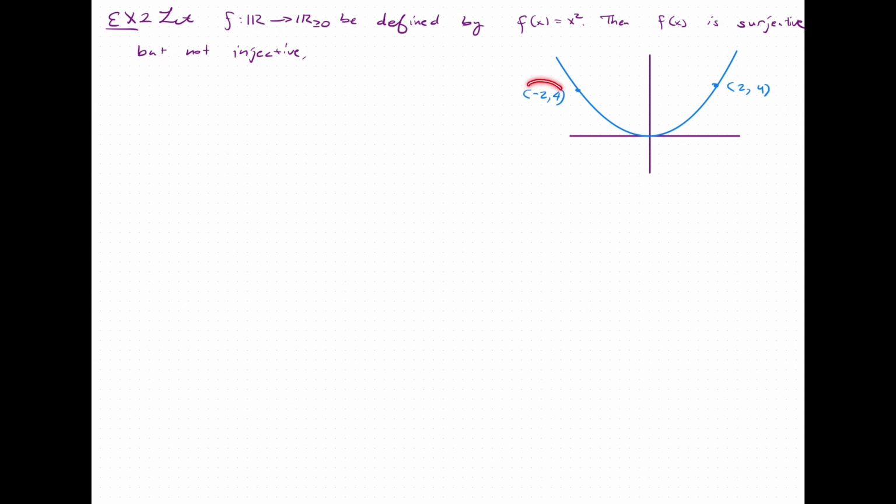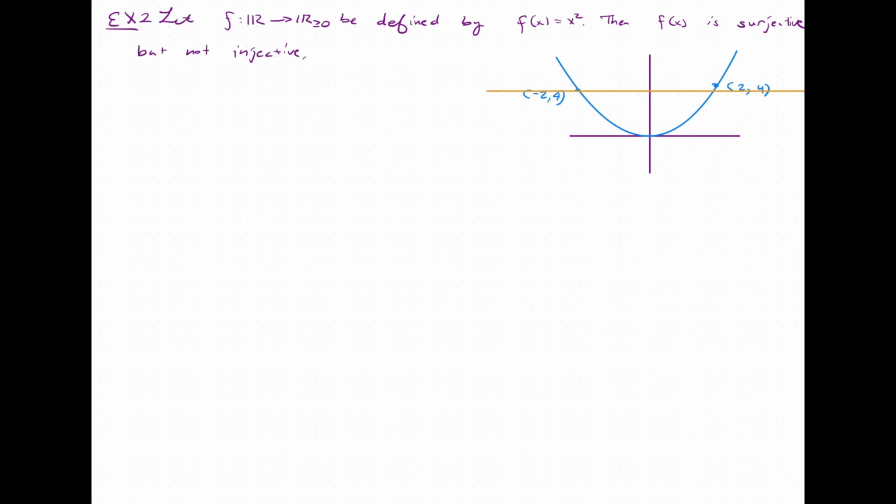So both of these have the output 4, but we have 2 inputs corresponding to it. So this is not injective. In our early education, at least in the US, this is usually referred to as the horizontal line test. If we draw a horizontal line, it crosses two points, and so it is not injective.